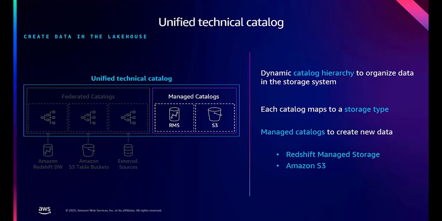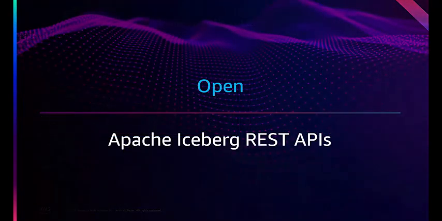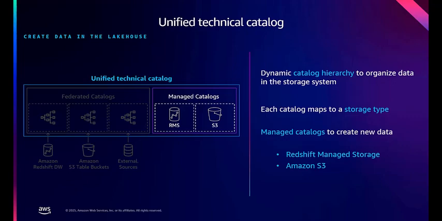In Lakehouse, you are provided a unified technical catalog, which is a combination of both managed catalog and federated catalog, right? Federated catalogs are anything you want to federate, like external sources, your additional Amazon S3 table buckets, or Amazon Redshift data warehouse. Under the managed catalog, you will see your default S3 catalog and your RMS catalogs.